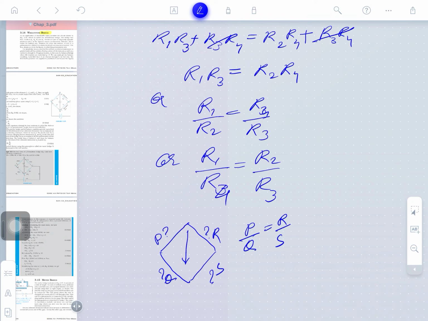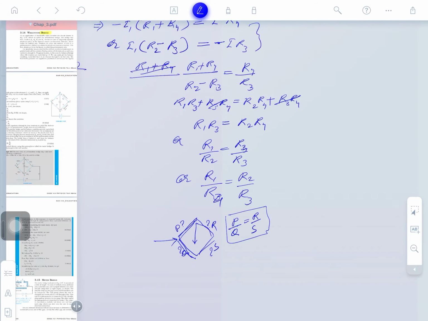It became complex, but I suggest you use P by Q, R by S. This is true when the current through the middle line is 0, otherwise not. So the ratio of these two resistances equals the ratio of these two, and this is to be used.